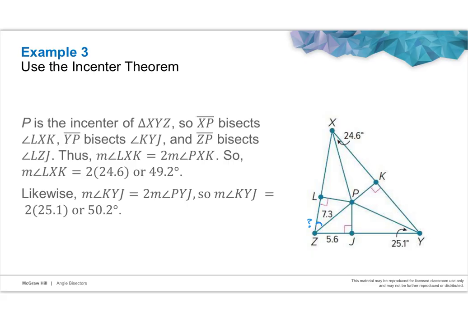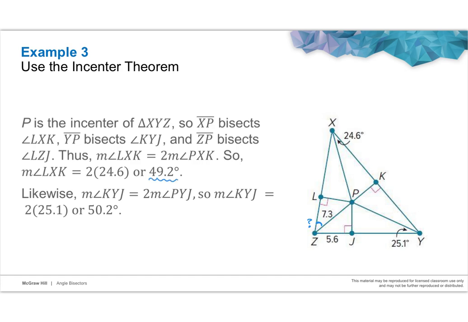And so the measure of angle LXK is going to be twice what I have labeled here of PXK, which is 24.6. So the top angle of my big triangle XYZ, this measure right here, is our 49.2.